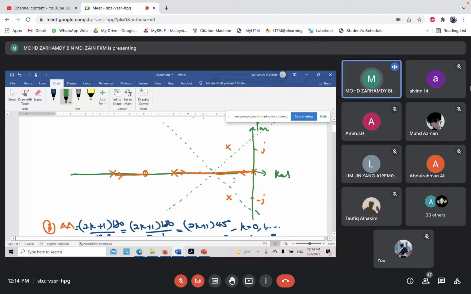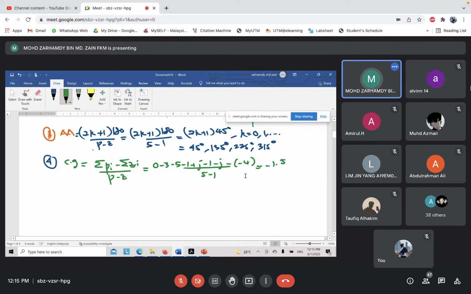Now we have done for asymptotes and center of gravity, and then we have another one because we have poles and poles, we have zero and zero. So they must have a breakout point. So we need to find the breakout point.